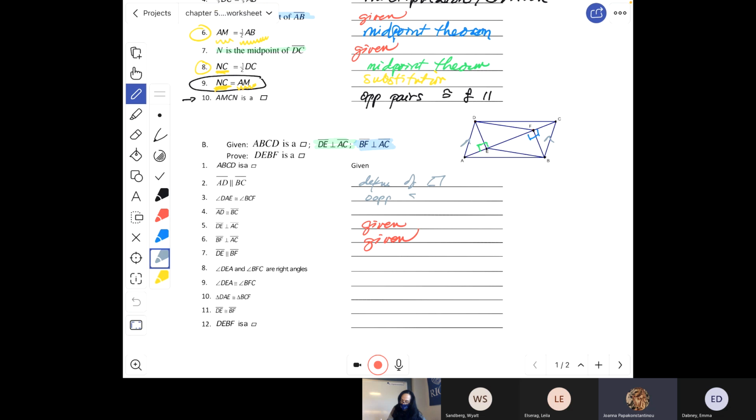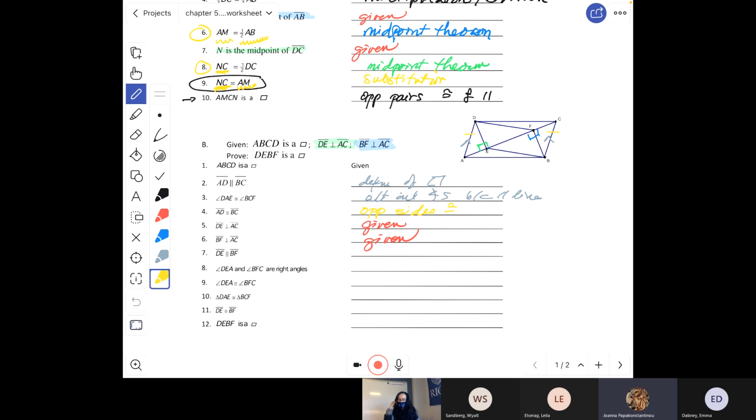Opposite sides. I mean, well, no. You're right for that. Alternate interior angles, because parallel. Yes. And how do we know that AD is congruent to BC? Okay, so because of their being parallel, the opposite sides are congruent. And then we have two givens.